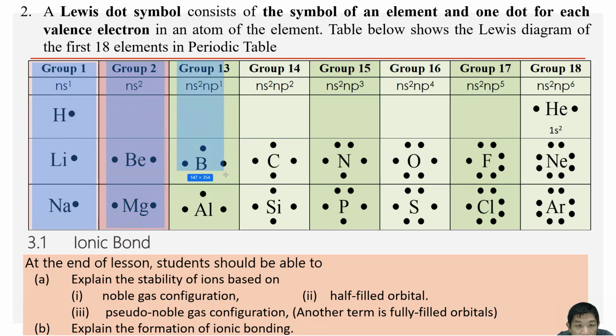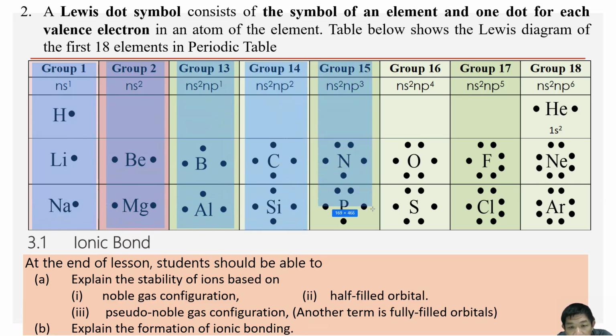All group 13 has three valence electrons, you put three dots. All group 14 has four valence electrons, so you put four dots. All group 15 has five valence electrons, so you put five dots. All group 16 have six valence electrons, you put six dots. And all group 17 has seven dots, put like this. And all group 18 has this one.